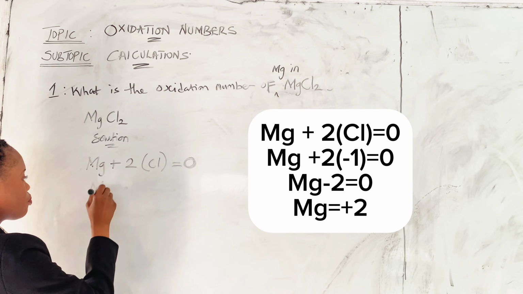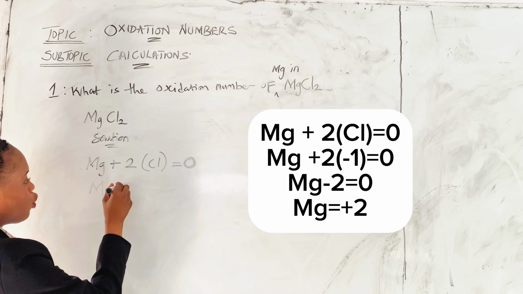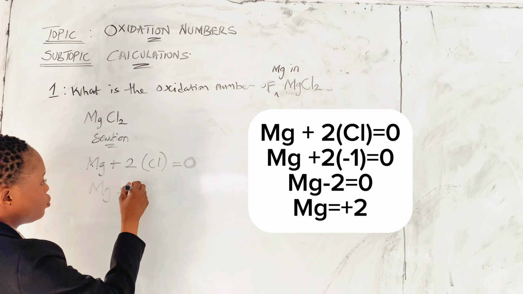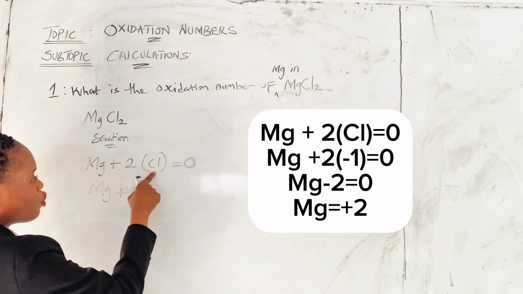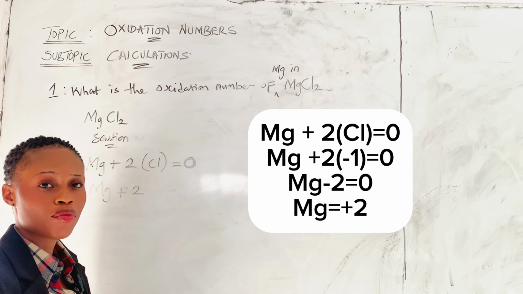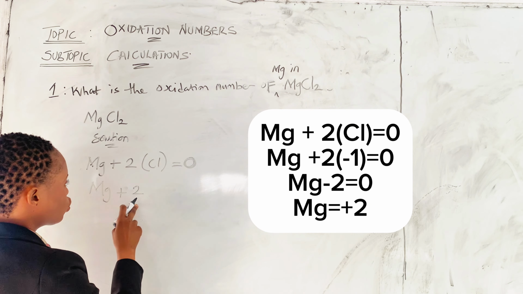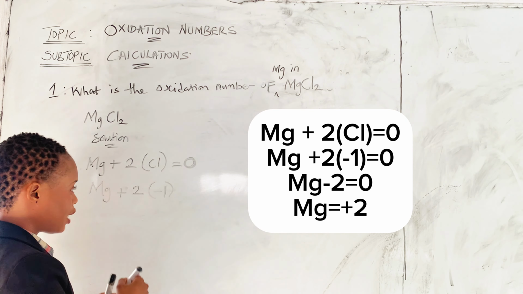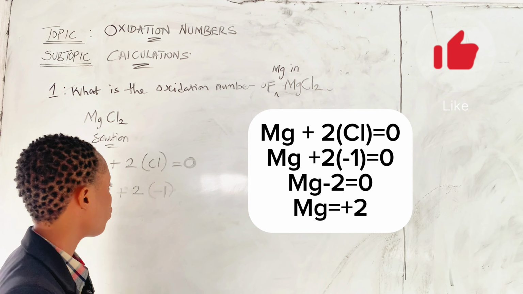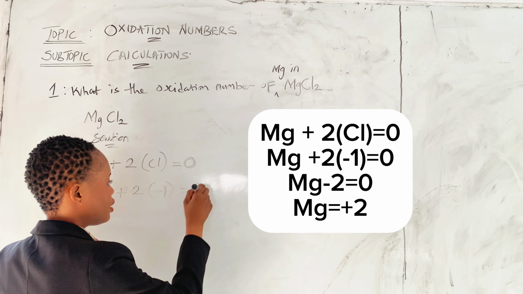So Mg plus 2, remember this 2 is from chlorine, and then chlorine has an oxidation number of -1. So Mg plus 2, then in bracket -1, which is the charge of your chlorine, equals 0.